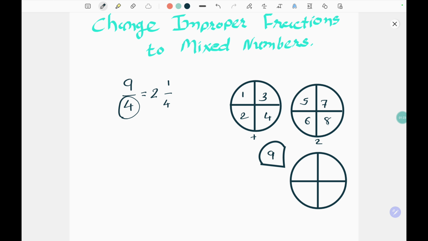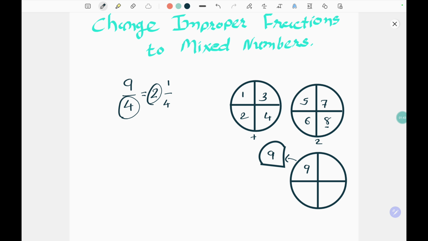We need only 1 more part, because out of 2 circles we got 8 parts, but actually we need 9. So from the third circle we need 1 part only, which I draw here separately. So 1/4 is the leftover. 2 whole circles and the leftover is 1/4.